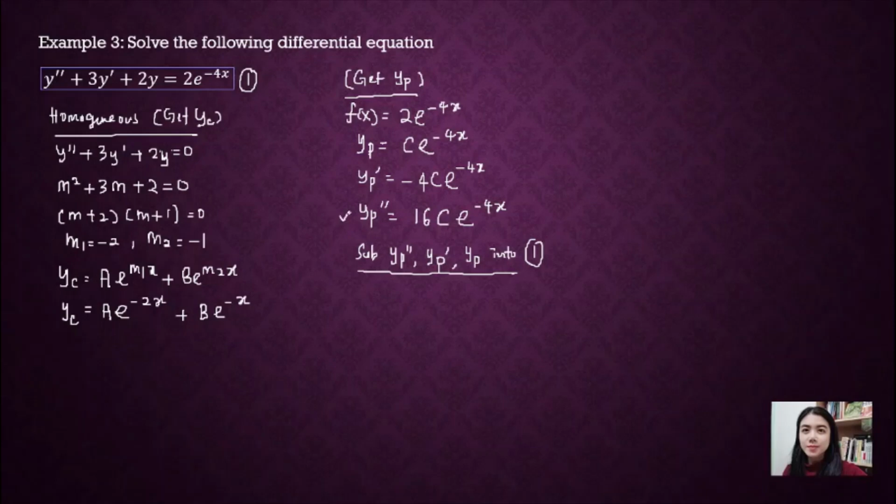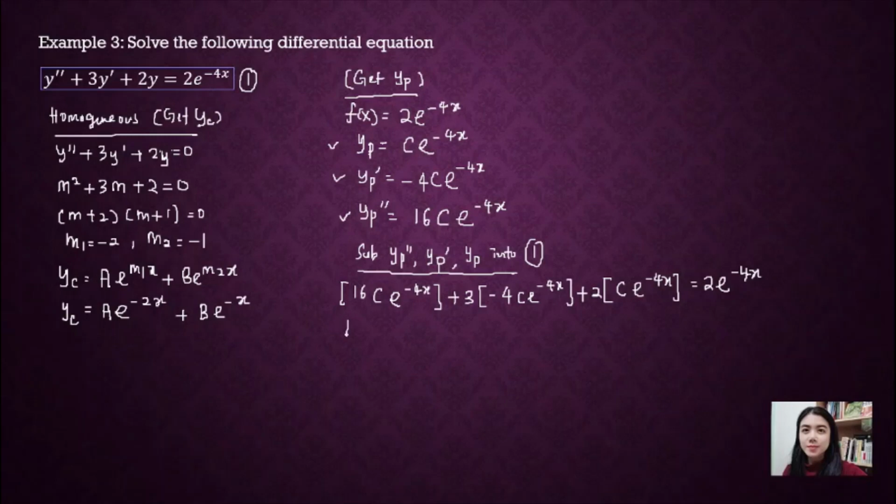So y double prime is 16c e^(negative 4x), plus 3y prime, your y prime is negative 4c e^(negative 4x), plus 2y, where y is c e^(negative 4x), equal to 2e^(negative 4x). Let's expand this one first.